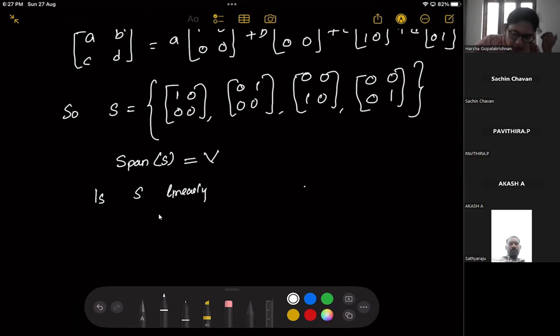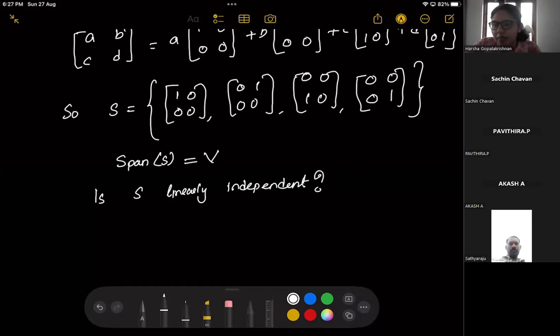Is this set S linearly independent or not? Any guess, even if it is wrong, just say what you think.